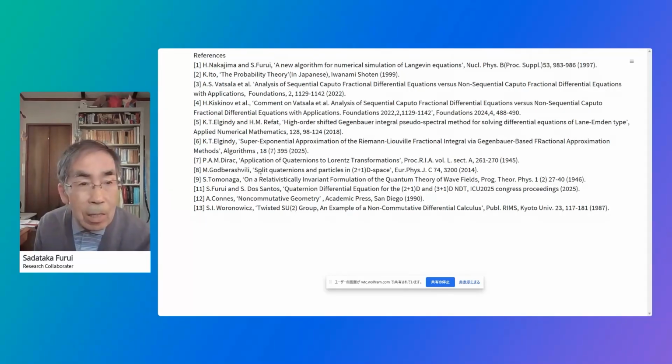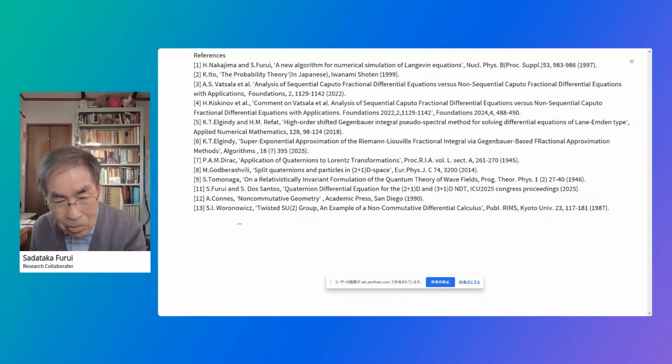Yeah, but I think that the choice of function is maybe crucial. That is, Kiskinov et al. used the function s to the 0.25 and 1 minus s to the 0.25. So, but Bassara et al. should have taken only one type, the 1 minus s to the 0.25 or something like that.